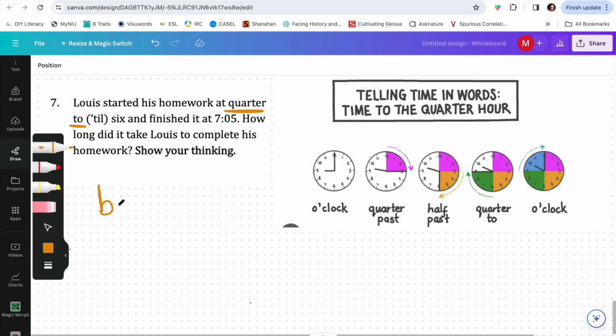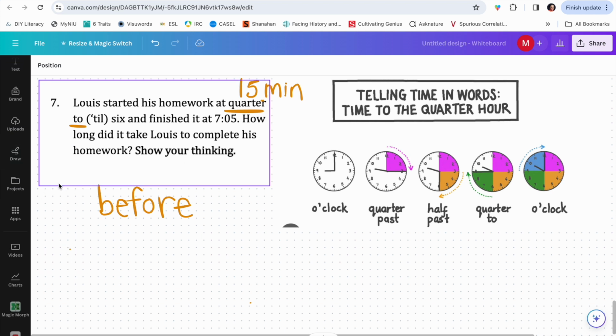A quarter before. And you guys know, I pulled up this chart again, you guys know that a quarter in time means 15 minutes. Beautiful. So Lewis started his homework at 6:15, which means 15.